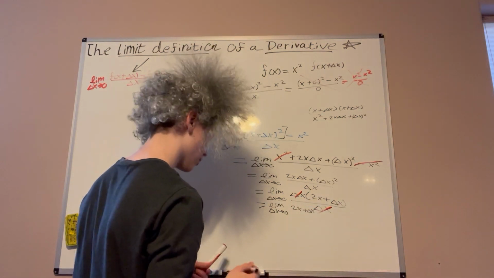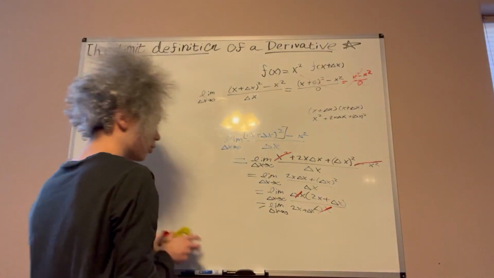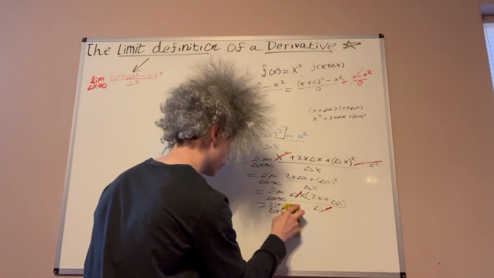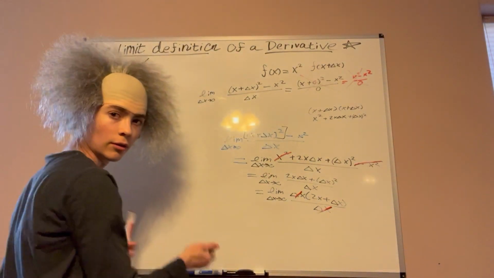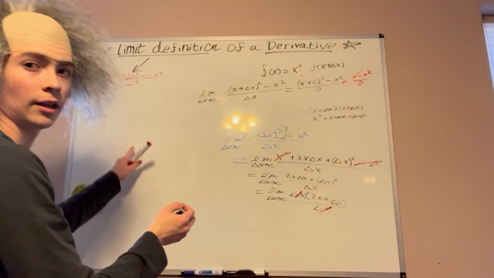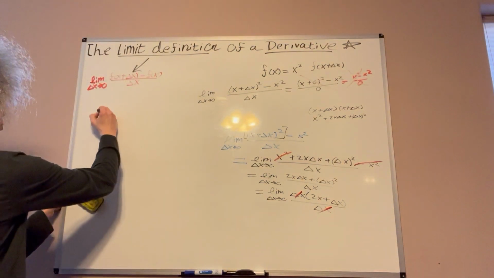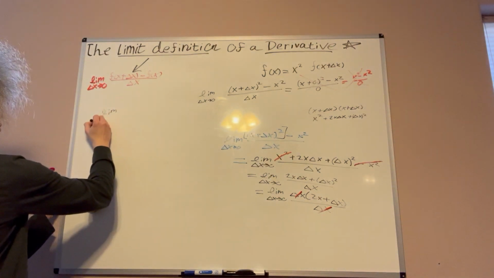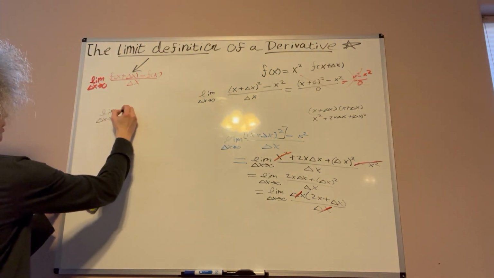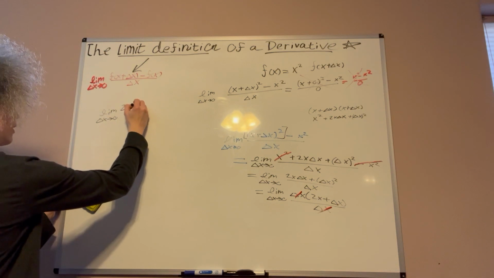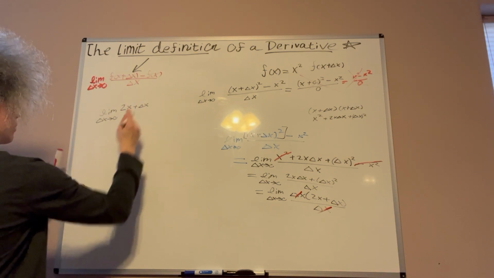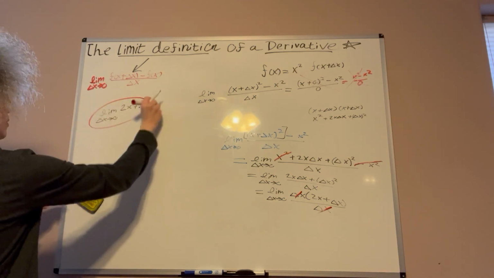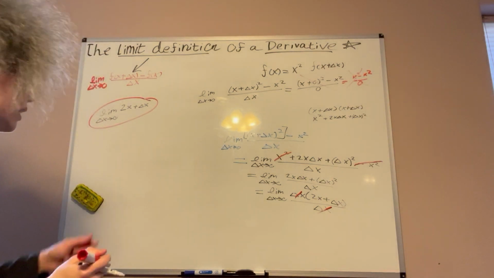I'm kind of overlapping here, so I'll rewrite that because this is our final expression. It's pretty important. That's going to be the limit as delta x approaches 0 of 2x plus delta x. Boom. This is our final simplified limit expression.